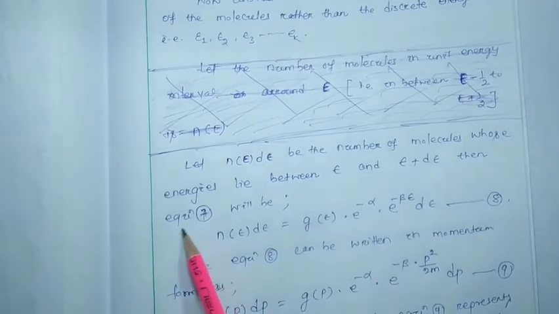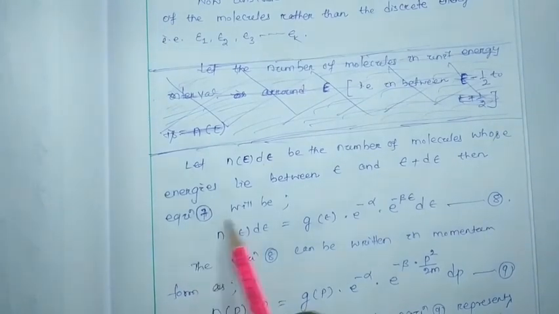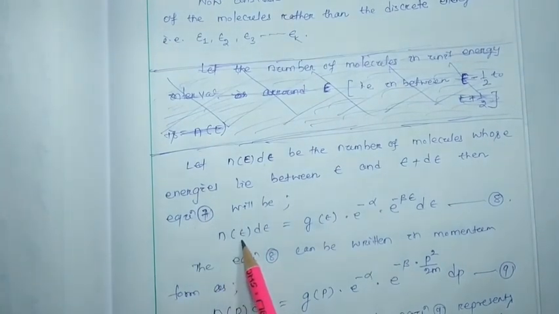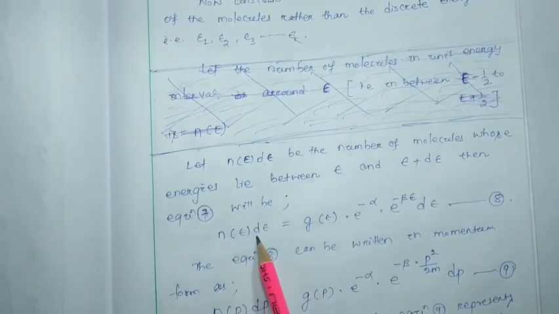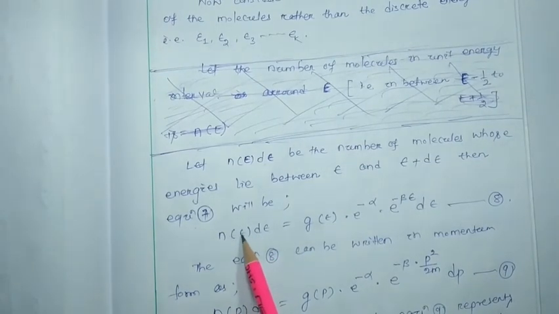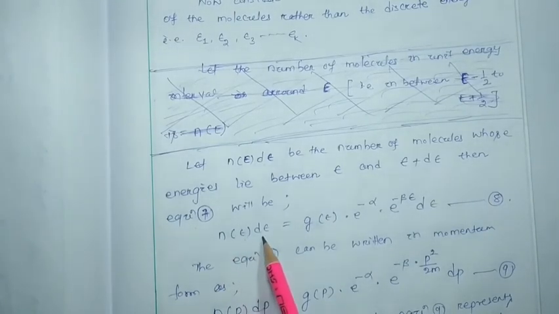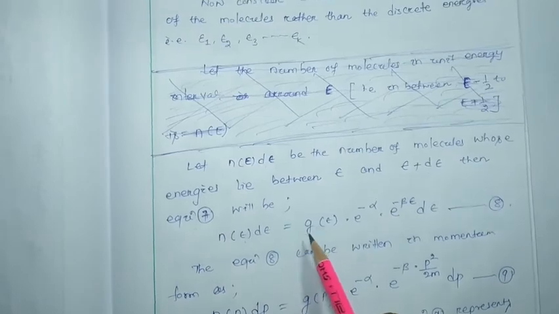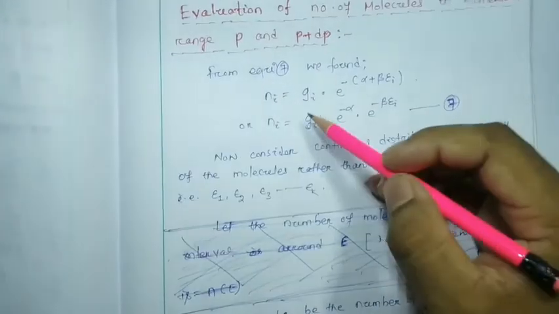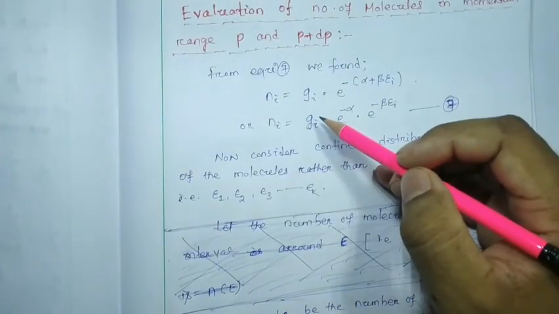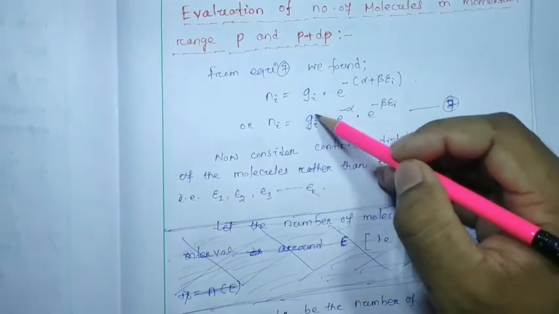Then equation number 7 becomes n(epsilon) d epsilon, where gi is nothing but the number of cells of the corresponding compartment.